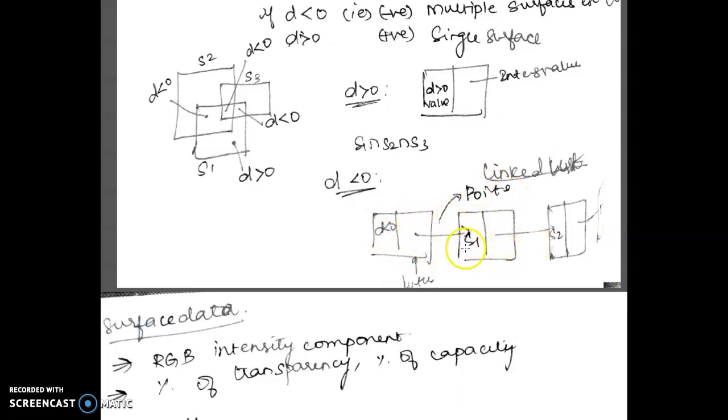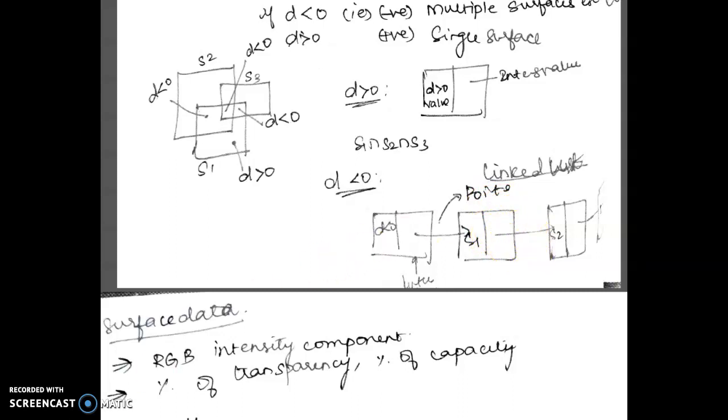In the first buffer, the ID of surface 1 is stored, and in the second space there is another pointer which points to S2. Similarly, S3 will be pointed to, and wherever the pointer is there, the intensity value is also stored, which is the surface data.